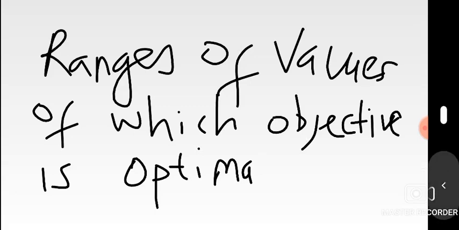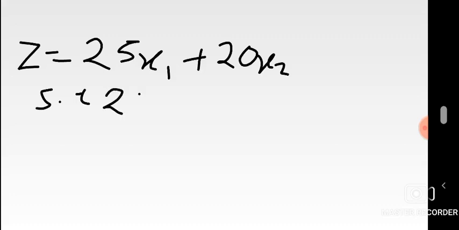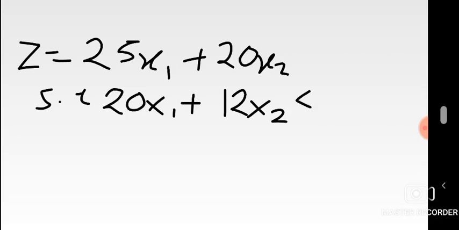Suppose you are given this question: Z is equal to 25x1 plus 20x2. Then they give you, subject to, other constraints in the question: 20x1 plus 12x2 less than or equal to 2000.